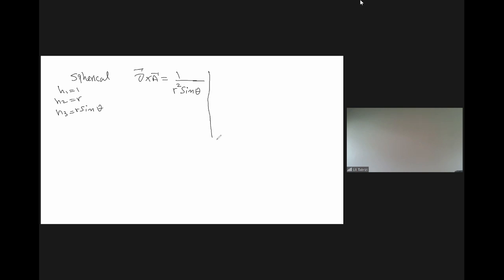Okay? Now form the determinant. Please pay attention, don't zone off, because if you don't understand here, then you'll remain confused with curl, and you have to use curl in the upcoming chapters.